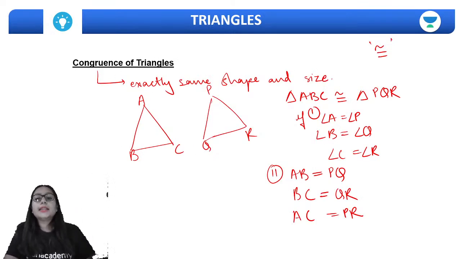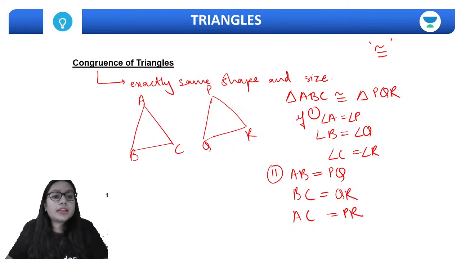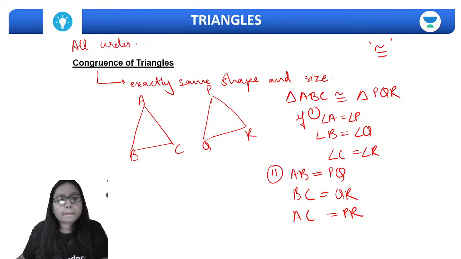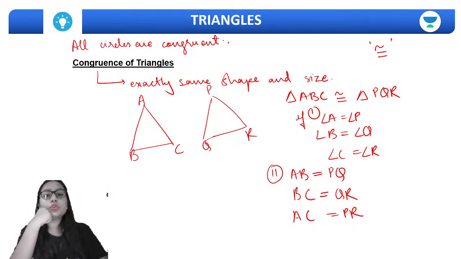All right, now can you tell me, if there is a statement that all circles are congruent to each other, is this statement correct? Let me just write the statement. All circles are congruent. Is this statement true or false?